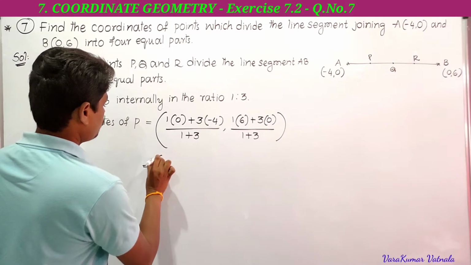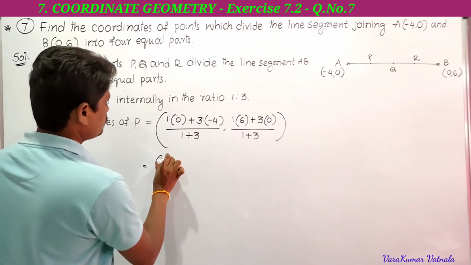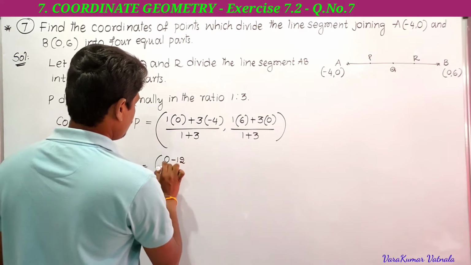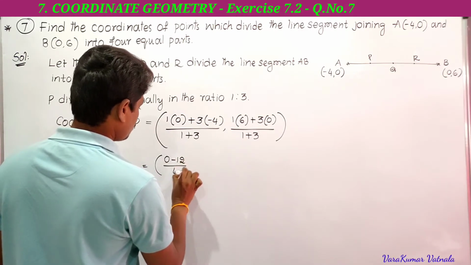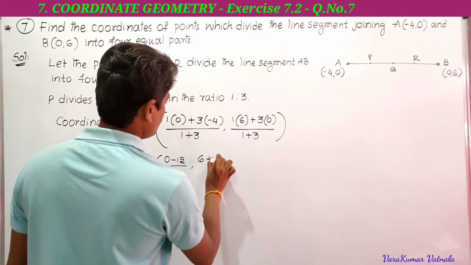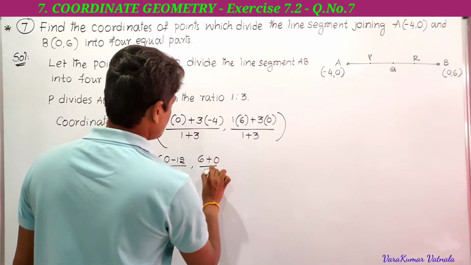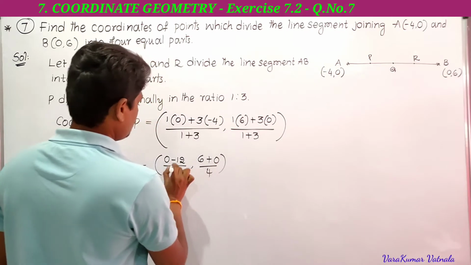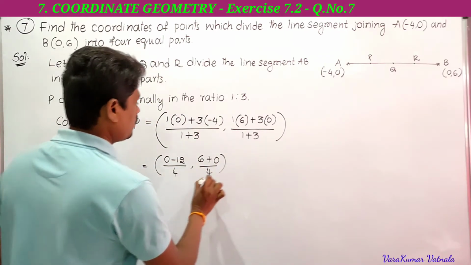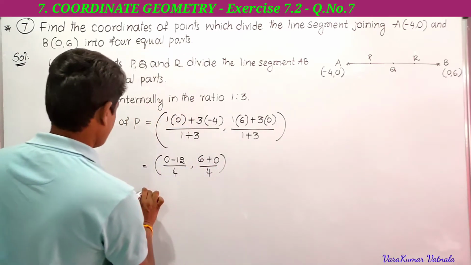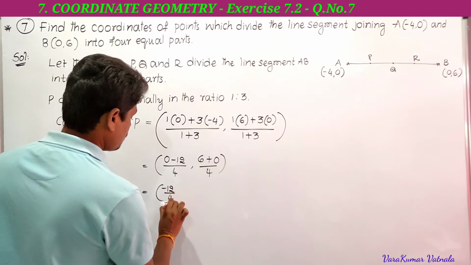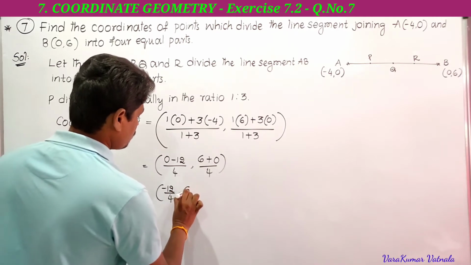So see here what we get. 1 into 0 is 0, 3 into -4 is -12, by 1 plus 3 is 4. 1 into 6 is 6, 3 into 0 is 0, by 1 plus 3 is 4 again. So 0 minus 12 is -12 by 4, comma, 6 by 4.